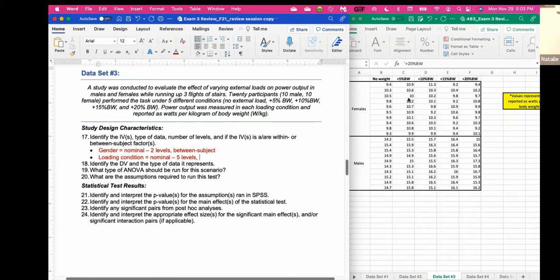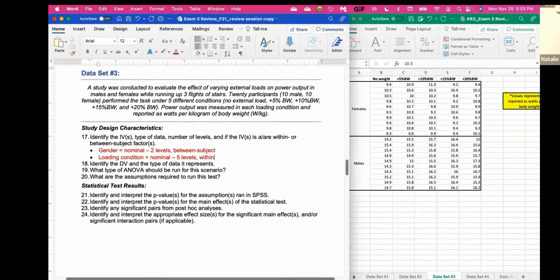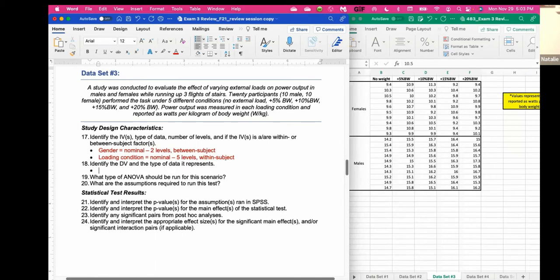Because we've got 5, end up with 5 measurements for each person, or each row is a subject. So this is a within subject variable. Okay. Our dependent variable would end up being the power output. And that would be ratio.